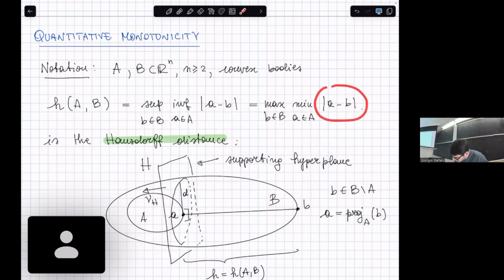Take a point b in B and a point a in A, and you minimize with respect to the point a in A, which gives a function of b, and then take the maximum of this function with respect to the point b.